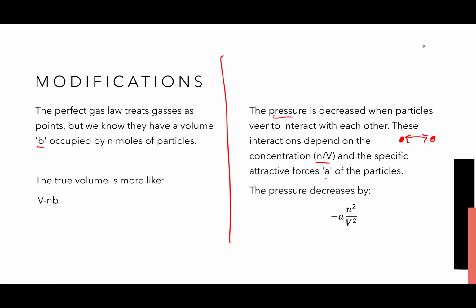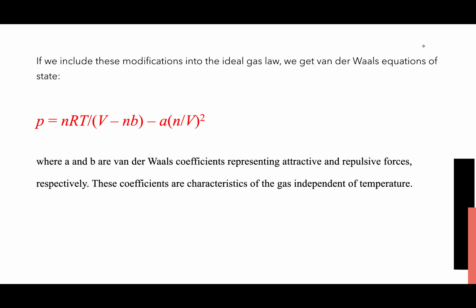That's why it's squared. Now, if we put these modifications into the ideal gas law, we get the van der Waals equation: P equals nRT over V minus nb, and then minus a times n squared over V squared.